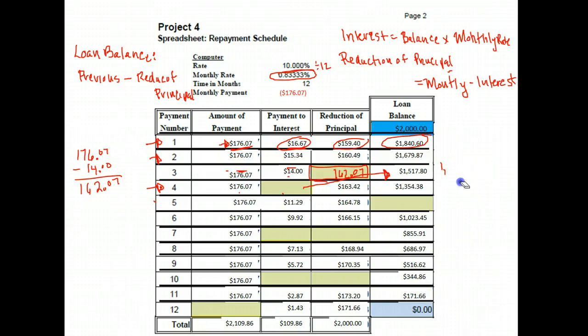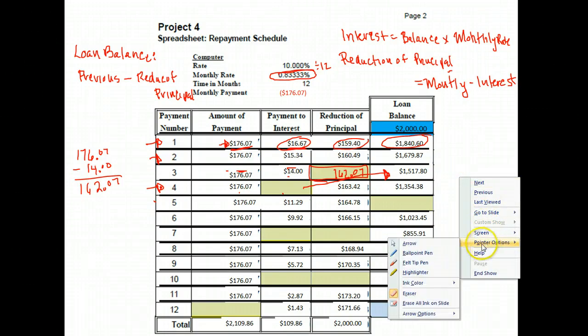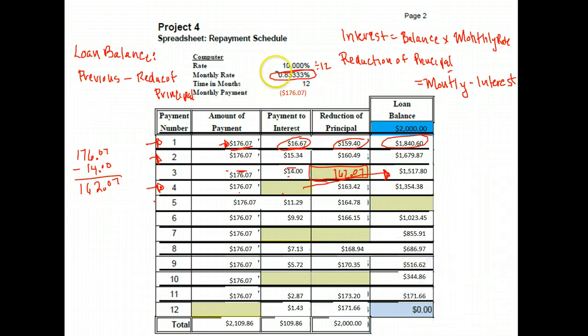Okay, our monthly rate is 0.83333333. Remember that it was a percent, so we still have to move the decimal 2 places to the left. So you're going to be multiplying by 0.0083333.